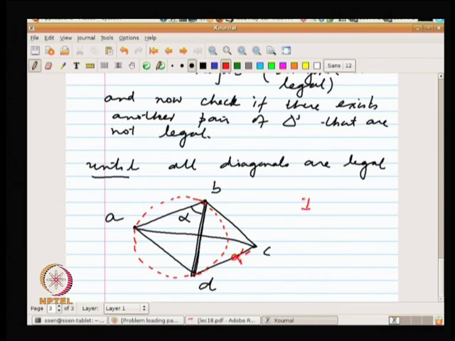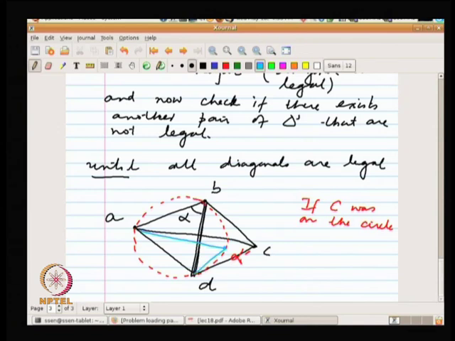So, if C was on the circle, then from your knowledge of plane geometry, these are angles on the same arc, lying on the circle. Suppose C was somewhere here.